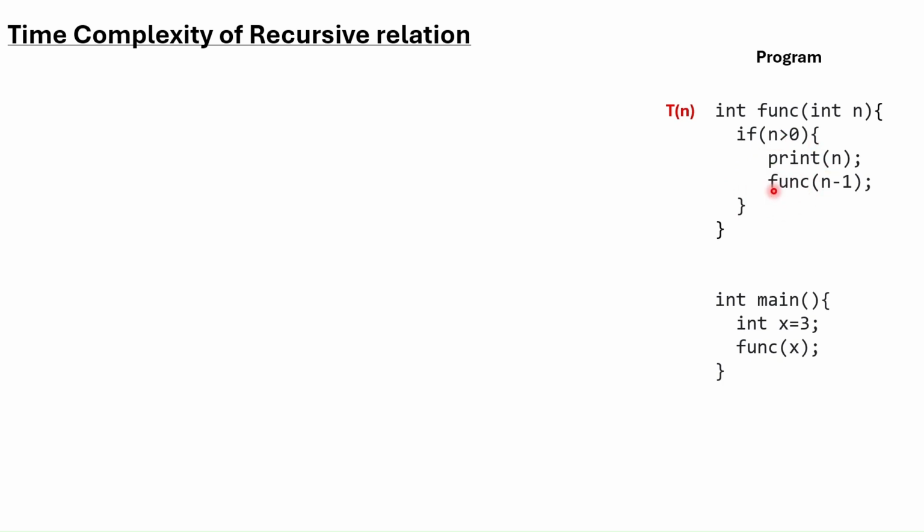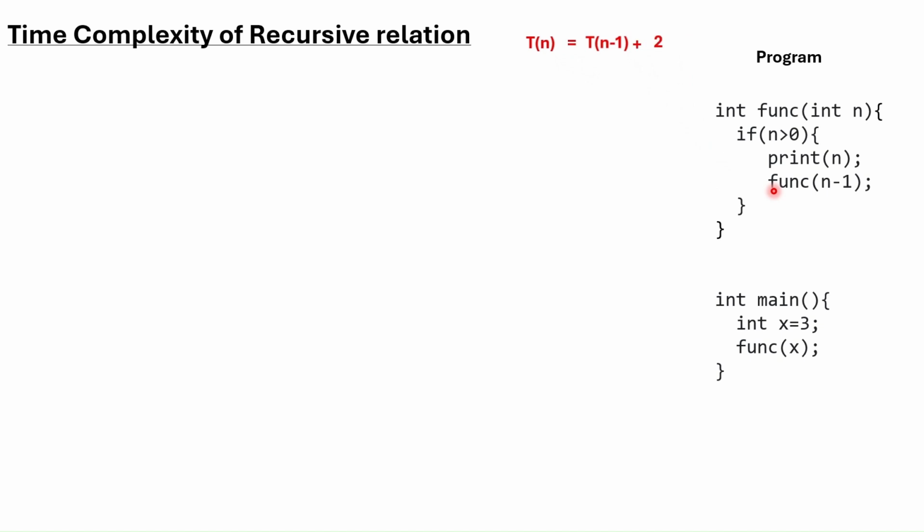For this function, the if statement will take 1 unit of time, the print statement will take 1 unit of time, and the recursive call will take T(n-1) time. So T(n) will be the summation of each statement.